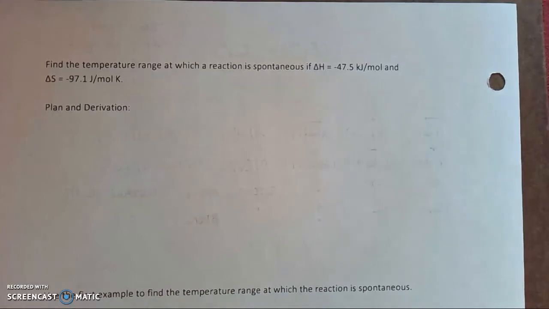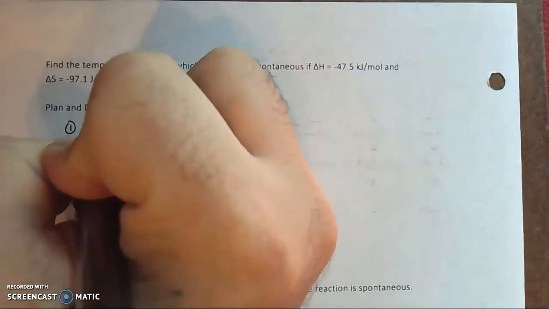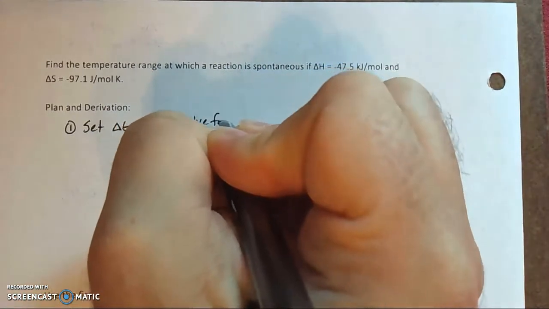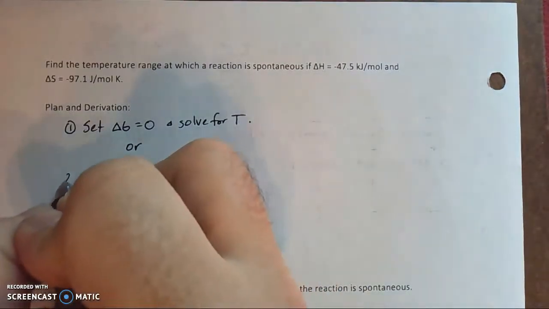So we can do two things. We could either, one, set delta G equal to 0 and solve for temperature, or we can derive an equation to use.